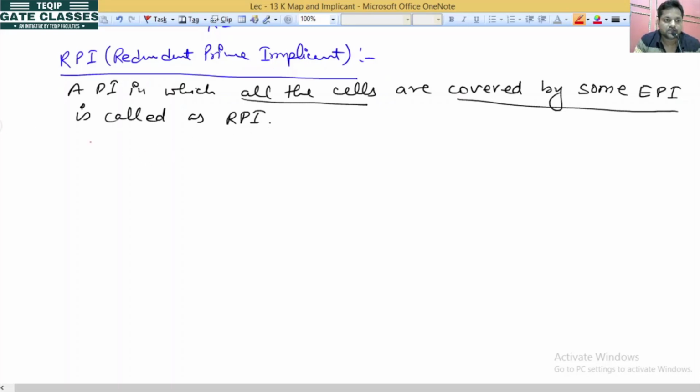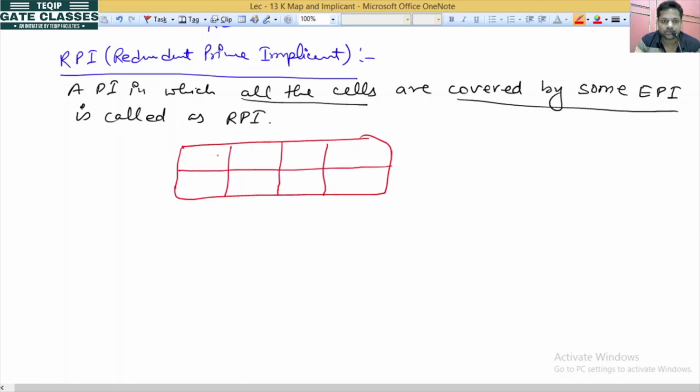We can see in the previous example, we have taken a 3 variable K-map, and we have taken this scenario. We have grouped it in three groups. These are the 3 groups, and we know that this one is EPI and this one is also EPI. A PI in which all the cells are covered by some EPI.